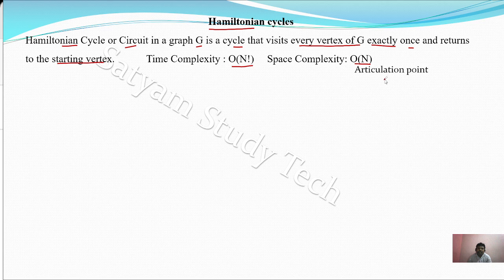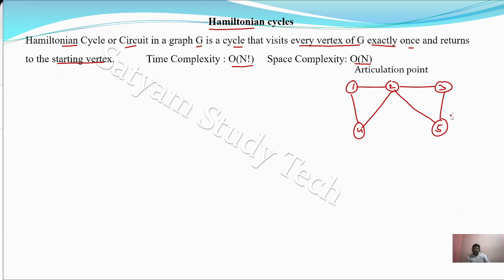If any graph contains an articulation point, then no Hamiltonian cycle exists. For example, here is vertex 1, vertex 2, vertex 3, vertex 4, and vertex 5.